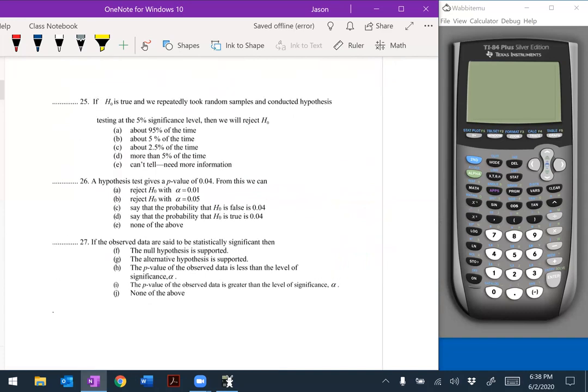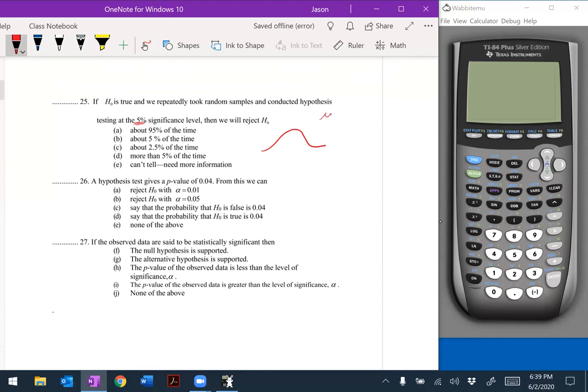Okay, 25. If my null hypothesis is true, and we repeatedly took random samples and conducted hypothesis testing at the 5% significance level, then we will reject H0 about what percent of the time?